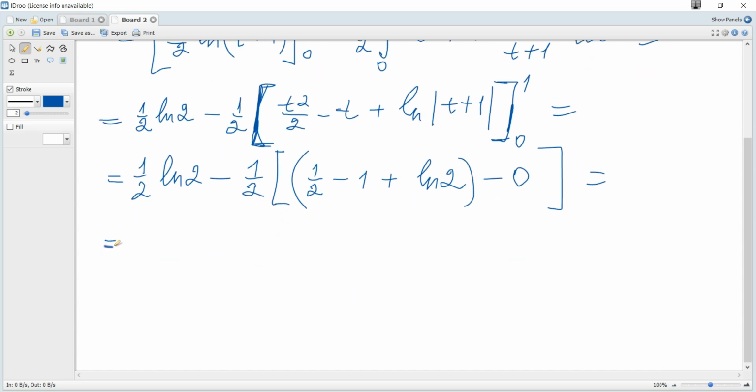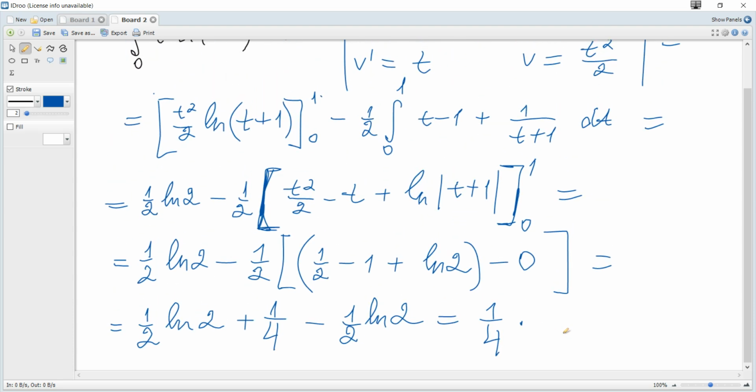So it becomes a half ln 2, and we can see a half minus 1 is minus a half, so it's plus 1 over 4 minus a half ln 2, which is 1 over 4. And it's the required value. And that's all for this question.